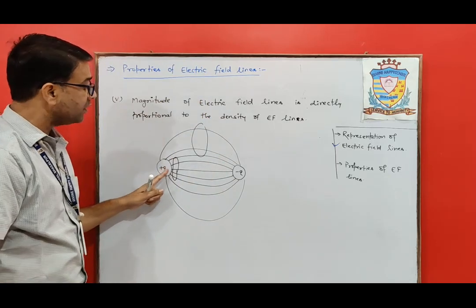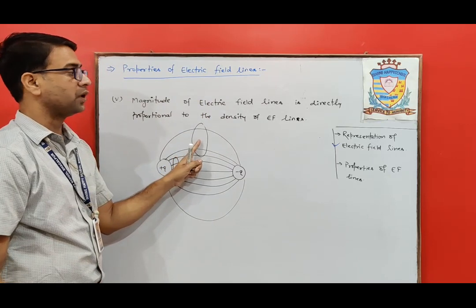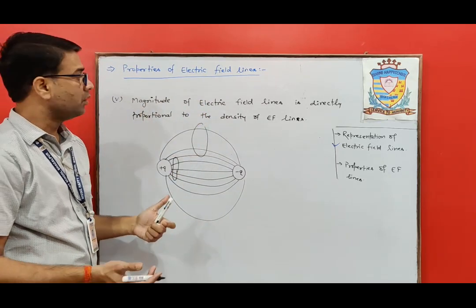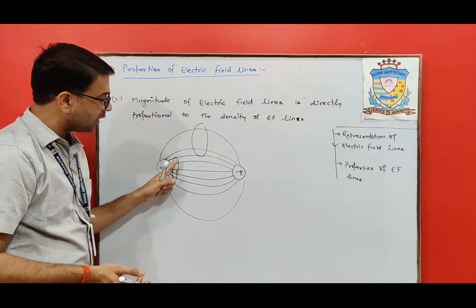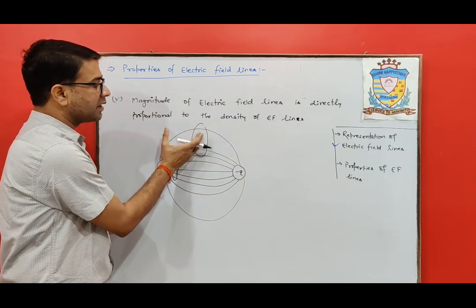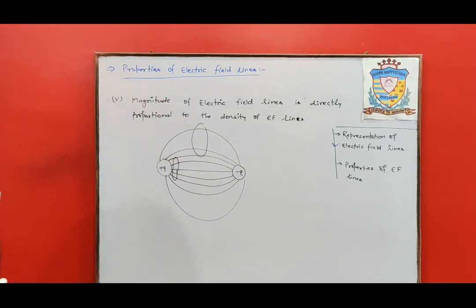That means the strength of the electric field is greater at this point, because at the other point the density of electric field lines is less. Clear? Next.